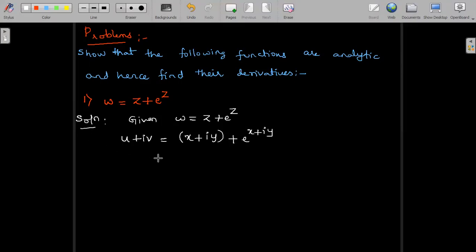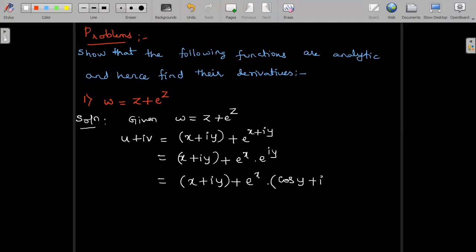Now, in order to separate the real and imaginary parts, let us first write down this x plus iy as it is. Now, we can split e power x plus iy into e power x into e power iy. e power i y can be written as cos y plus i sin y.